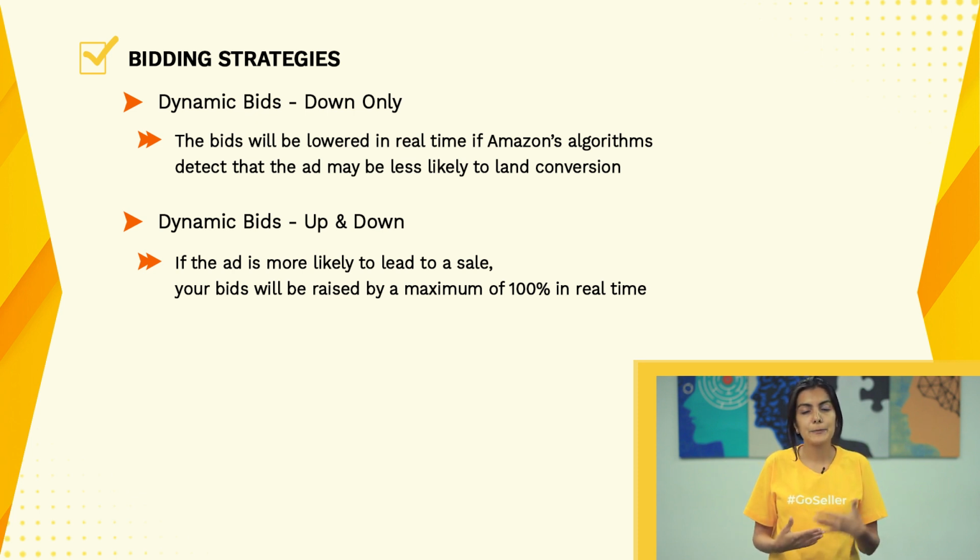So what that means is, if your default bid is about $1 and you have chosen 50% and 25% for 2 different placements, which makes it $1.50 for top of the search, then it can raise the bid up to $3, which is double the $1.50, if Amazon thinks that you have a high chance of getting sales for that specific keyword and placement. If it thinks that you have a low probability of conversion, then it can go to $0.